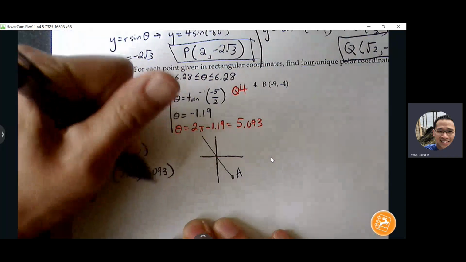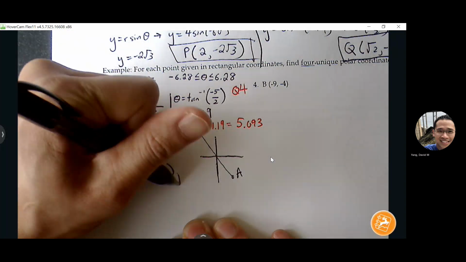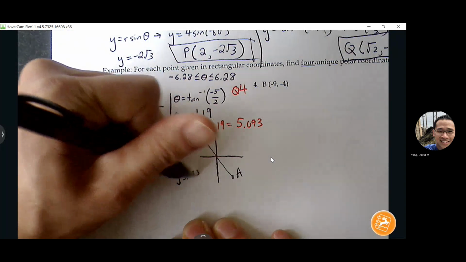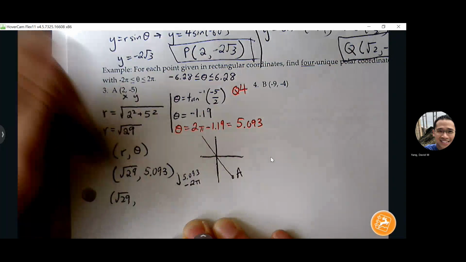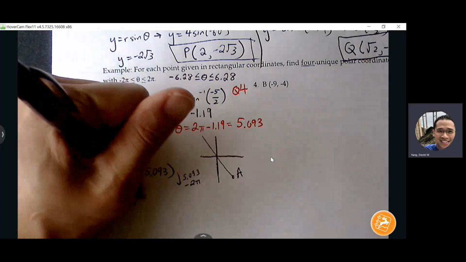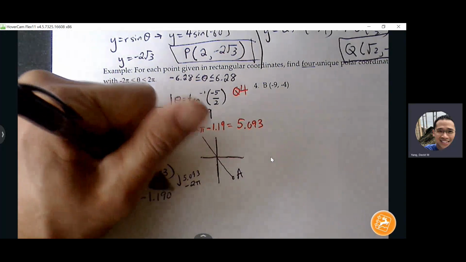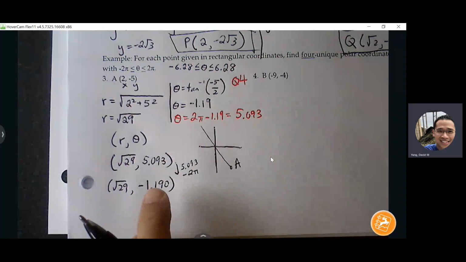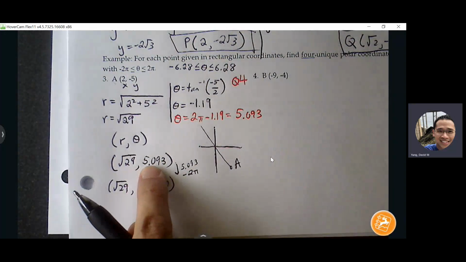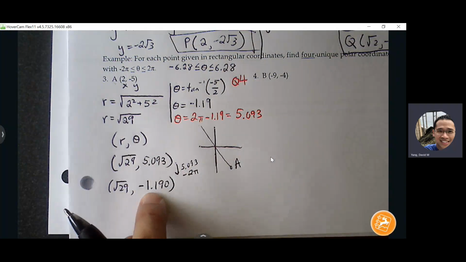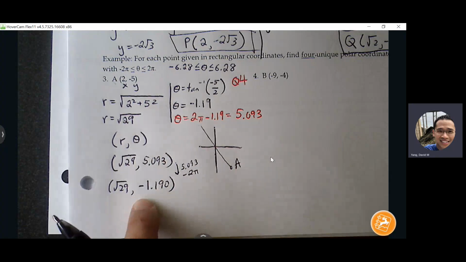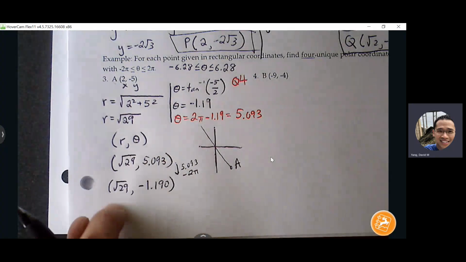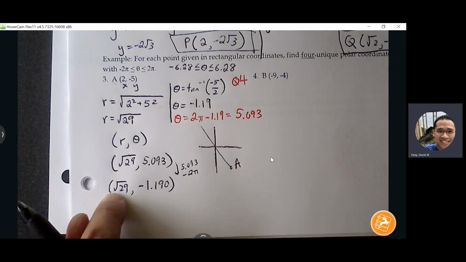So if I do 5.093 minus 2 pi, I get negative 1.190. I know it's a lot more comfortable if we saw 300 degrees and then made it negative 60 degrees, but it's the same idea. Instead of subtracting 360 degrees, we're subtracting 2 pi. We're still in the fourth quadrant.